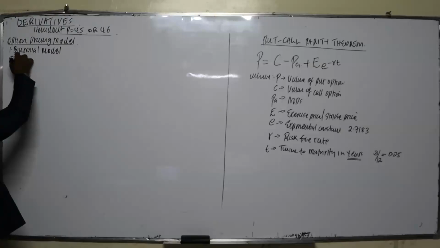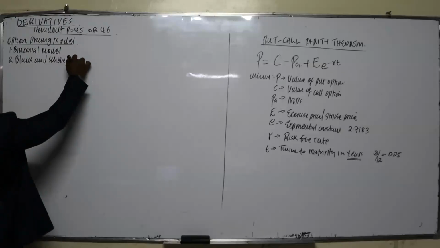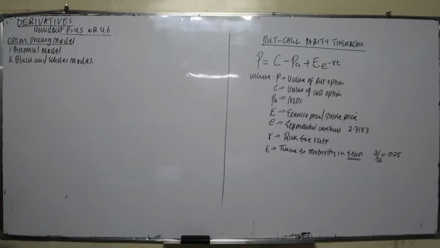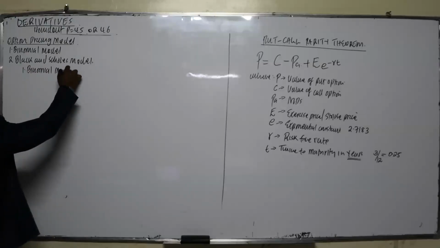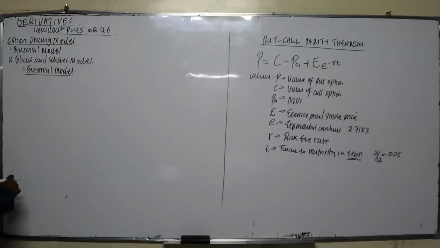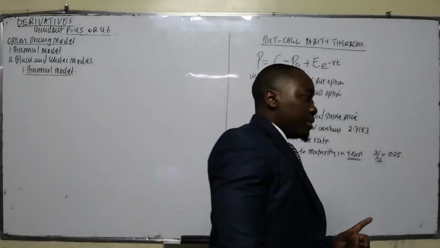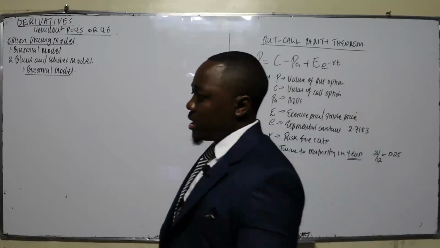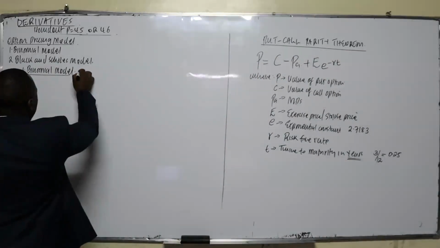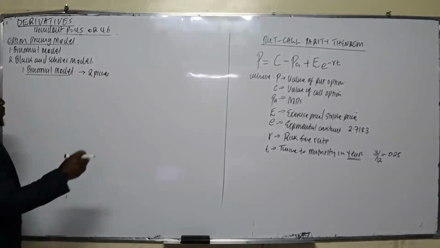And number 2, we have the Black-Scholes model. Yeah, those are the two methods. Starting with the first one, that's the binomial model. Under this model, it assumes that two prices will exist upon maturity. What does that mean? That means the value of the option can either increase or decrease. So the major assumption is that there are two prices which will exist upon maturity.